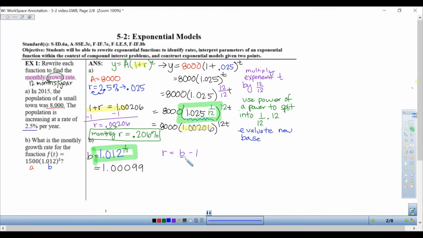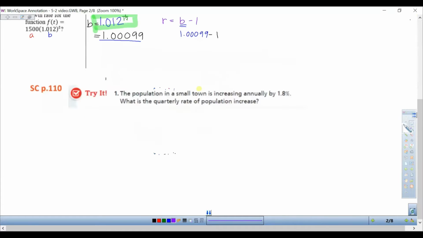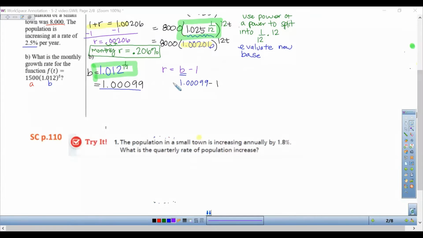So if our B is now 1.00099, and we subtract 1 from that, that leaves us with a new R value of 0.00099, which means, remember, if I'm going to a percent, I'm moving my decimal to the right.